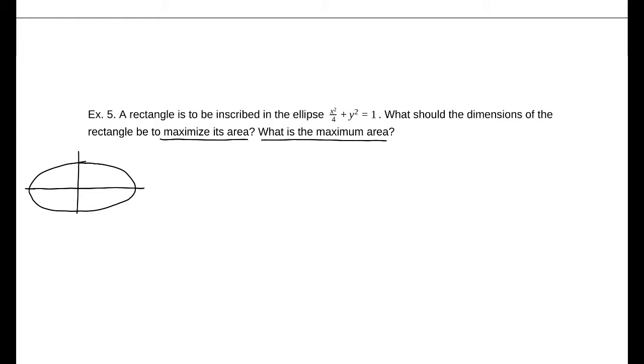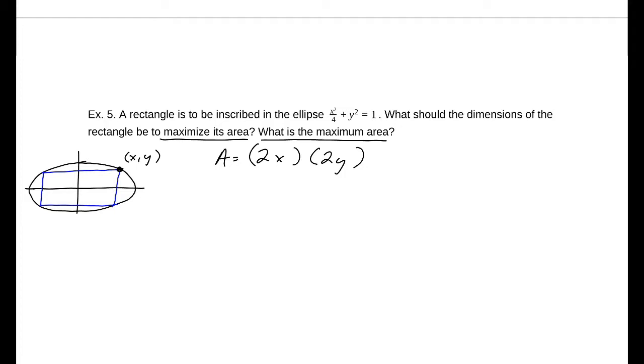All right, so if we are inscribing a rectangle, every point here where our vertices can be is x, y, and if you notice, our area is going to be 2x times 2y.